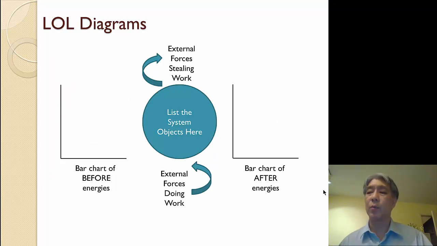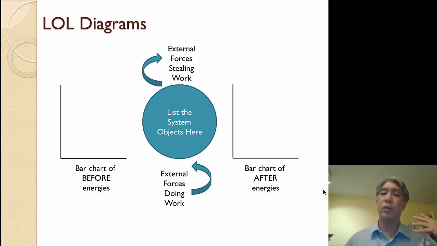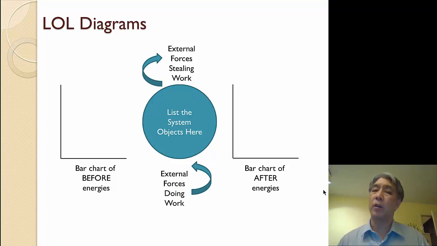It doesn't have to be exact, but we need to label which ones we have. And then we have a bar chart of energies after a situation occurs. In the middle, in the O, we list any forces that are doing work or stealing work from our system. In the middle, we list our system objects.